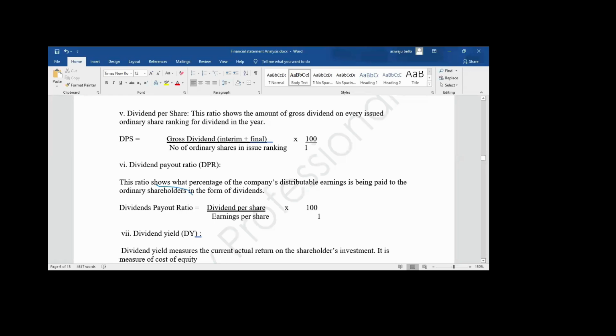Dividend payout ratio is the percentage of the company's distributable earnings that is paid to shareholders in the form of dividends. This is calculated as dividend per share divided by earnings per share multiplied by 100.